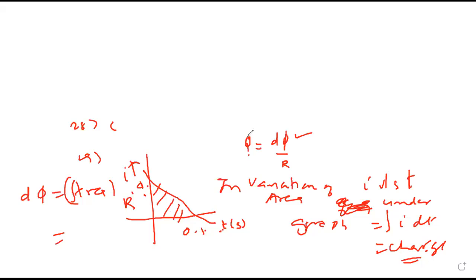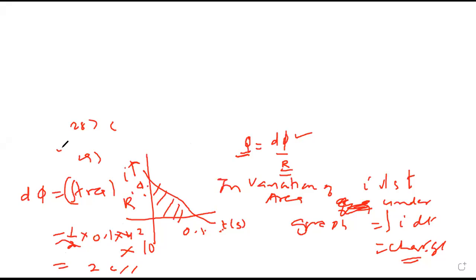So d phi will be charge, which is area under graph into R. Area under graph is half into base into height into R. How much is resistance R given? 10 ohms. So this is 2 into 2, 4. 0.2 into 10, 2 coulomb is the charge.